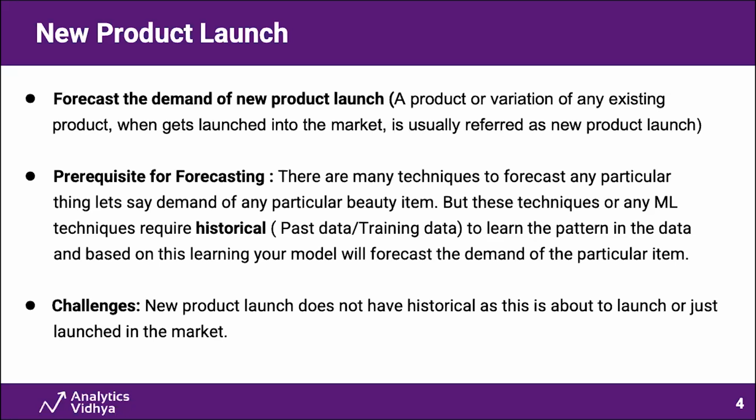And now coming to the prerequisite for forecasting, right? When you forecast something, you need data, your training data, or we call it historical data. Let's say you want to forecast a particular item, then you need the past data for the training. And if that training data has a lot of patterns in it, then it is very helpful for you to learn those patterns.